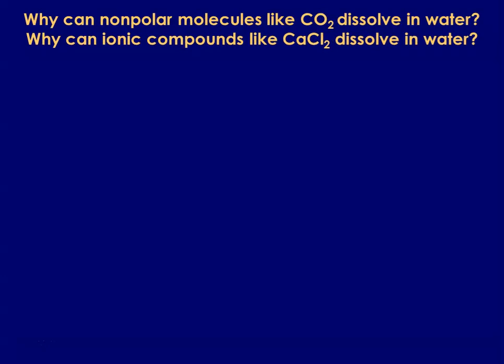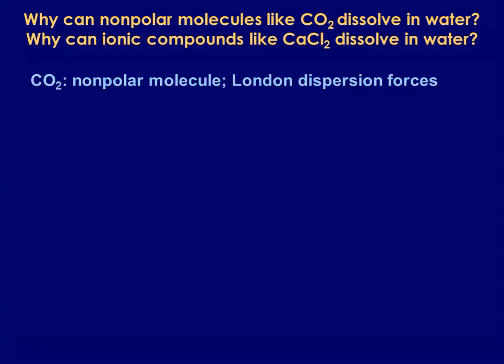And why can ionic compounds like calcium chloride dissolve in water? So carbon dioxide is able to dissolve in water even though it is very nonpolar because it has those London dispersion forces. It has the ability to form those instantaneous dipoles with its electrons as they are moving about the atom, moving around the nucleus in their orbitals.